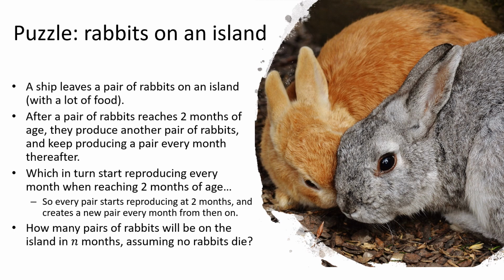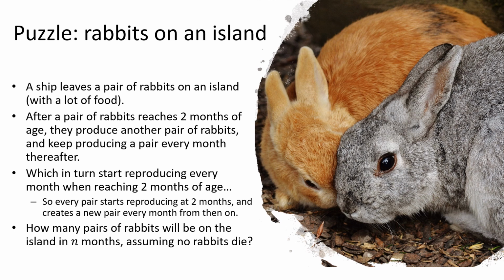So here is the question. How many pairs of rabbits will be on the island in n months, assuming that no rabbits die? So at the beginning, there is just one pair of rabbits. At 2 months, it becomes 2 pairs of rabbits.